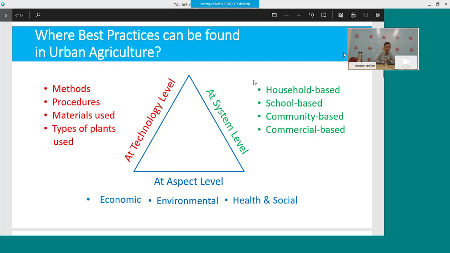Because in a household, in a family, it might be a different practice that they have, considering the limited space. Even in community, maybe it's a bigger space, or for commercial purposes, because they have more technology and more space and more budget, so it's a different kind of system. But we look into our school system and see what available resources we have there.